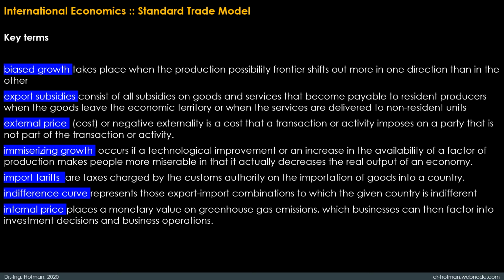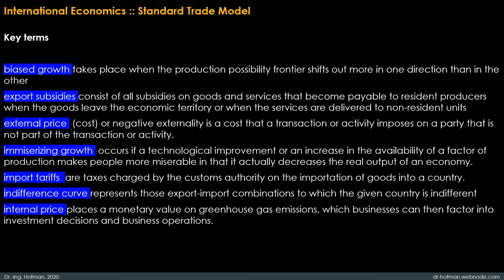Import tariffs are taxes charged by the customs authority on the importation of goods into a country. Usually the value of the imported goods determines the amount that will be levied on them. In some contexts, import tariffs are also called import duties, customs duties, tariffs, or import tax.